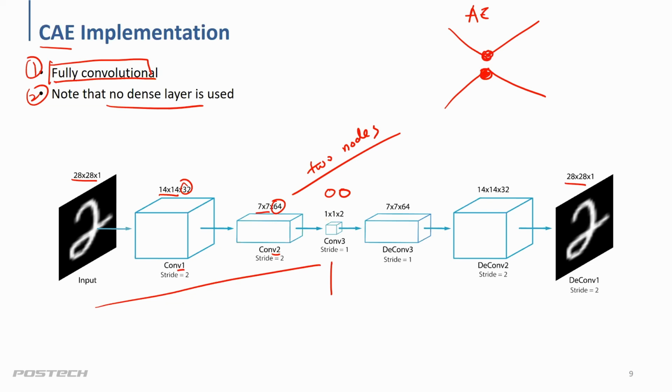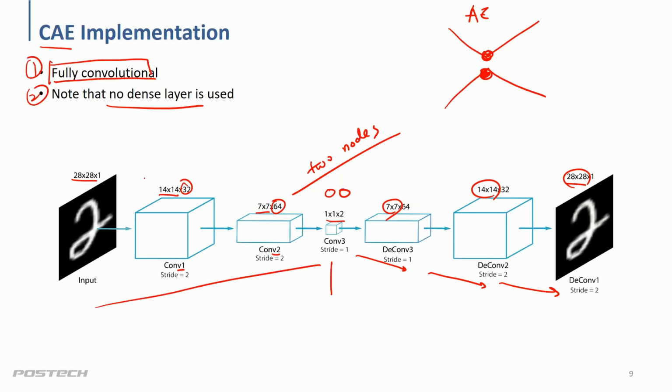So in order to make these the same, from here I do transpose convolutions and transpose convolutions again, to 7 by 7, 14 by 14, and 28 by 28. We reconstructed it.